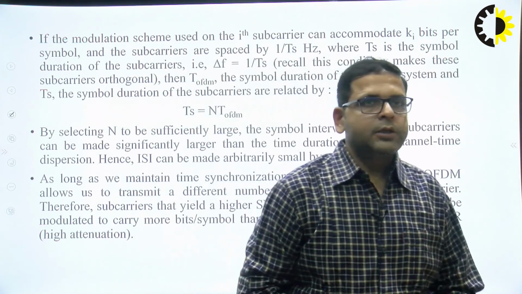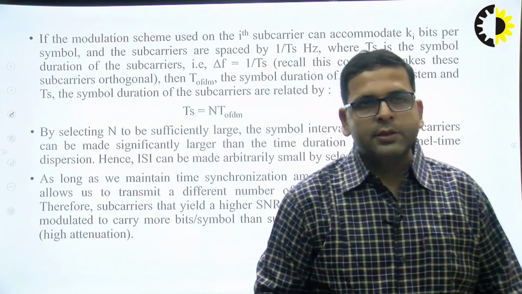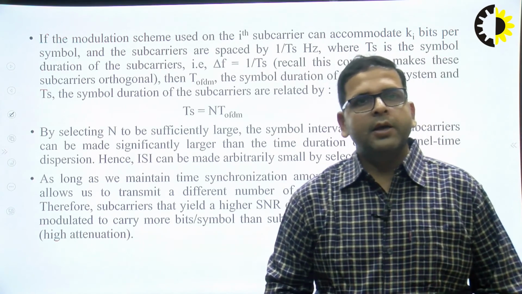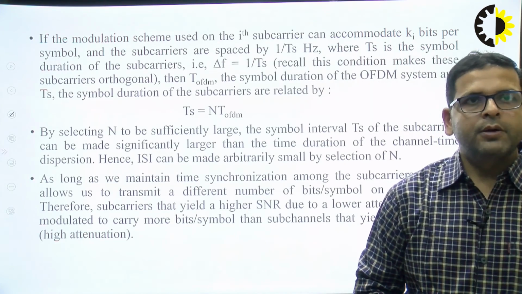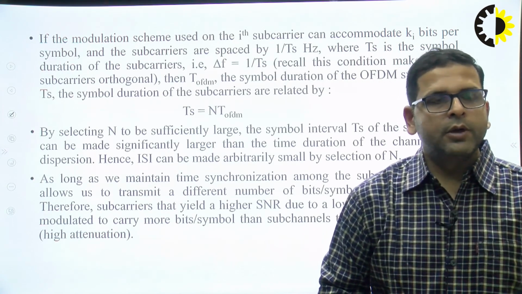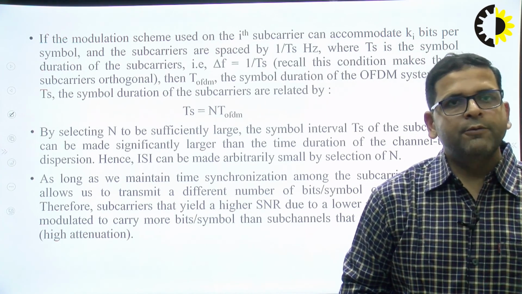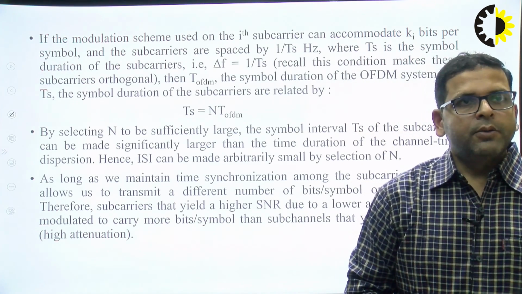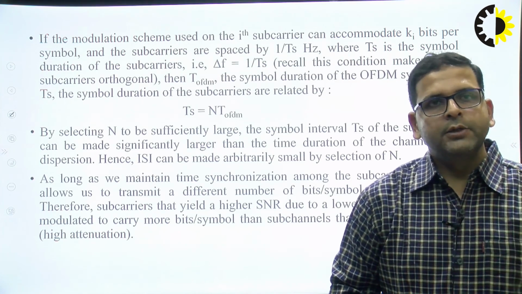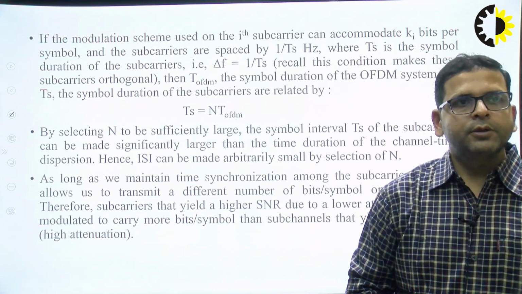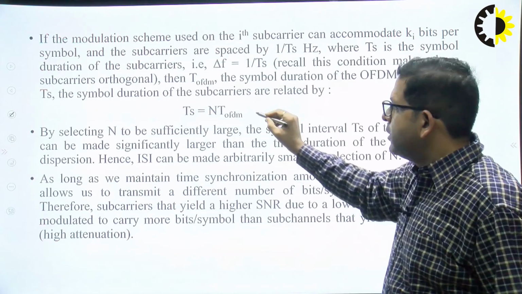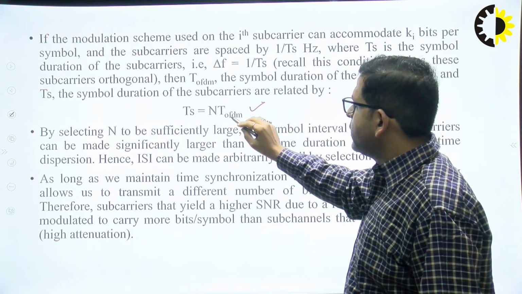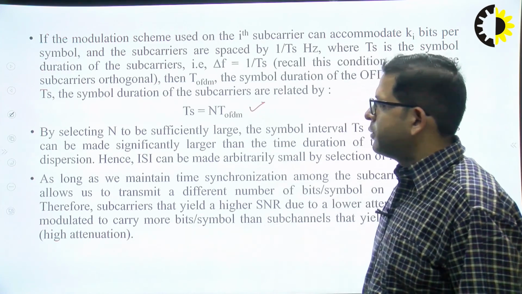If the modulation scheme used on the ith subcarrier can accommodate ki bits per symbol and the subcarriers are spaced by 1 upon ts hertz, where ts is the symbol duration of subcarriers, delta f must be equal to 1 upon ts. Then the OFDM symbol duration must be related to the symbol duration by this equation: Ts equals n times the symbol duration in orthogonal frequency division multiplexing.